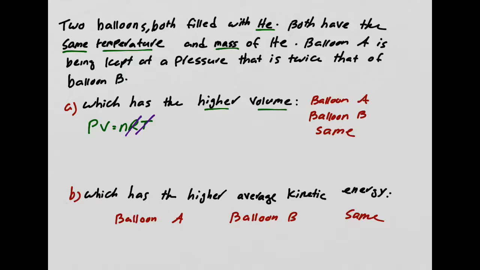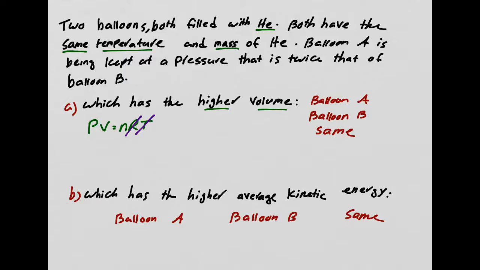And we talked about before, same mass does not mean they have the same moles, right? But here, because they both are filled with helium, same mass will also mean same moles. If they have the same mass, the mass will be divided by the same molecular weight of helium in both cases.